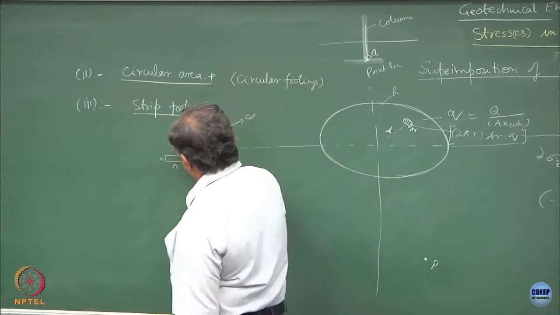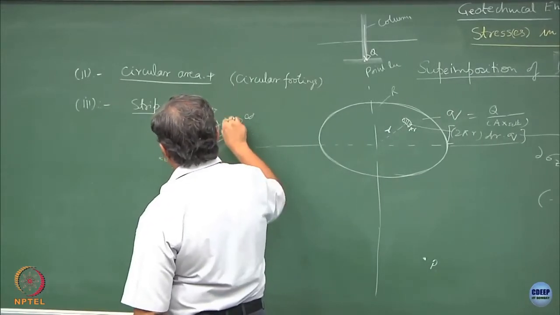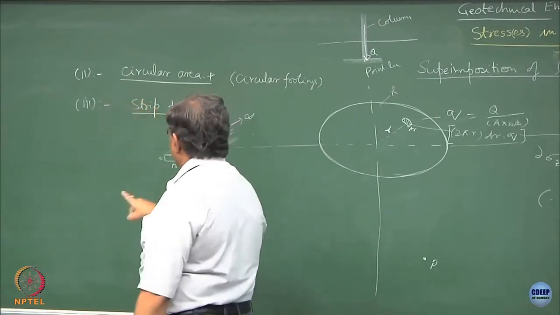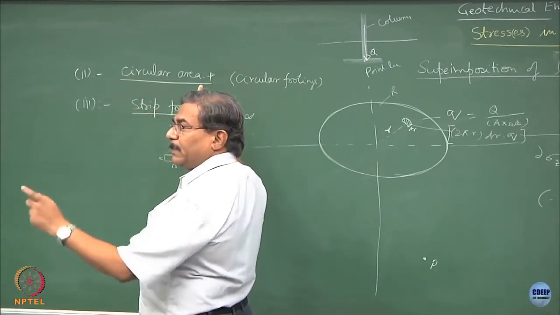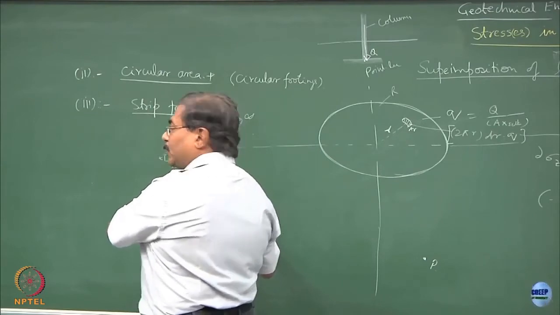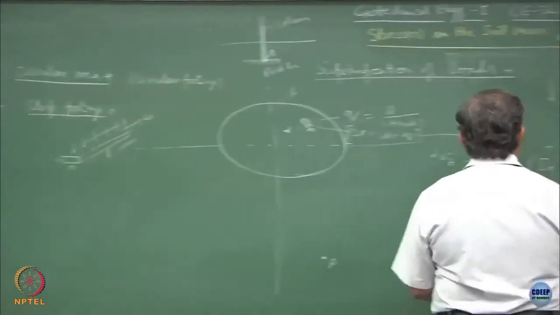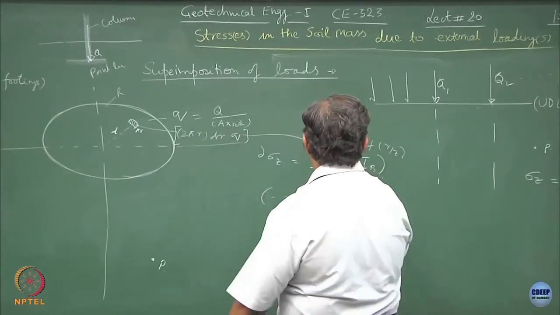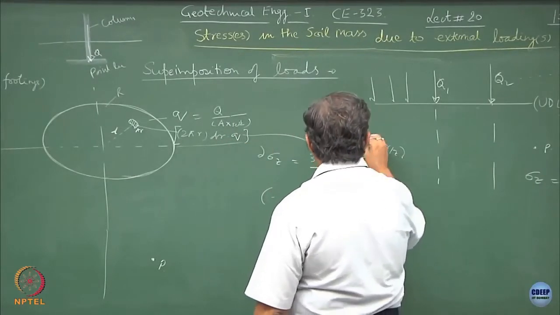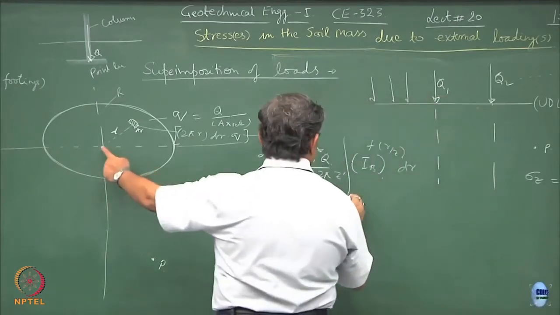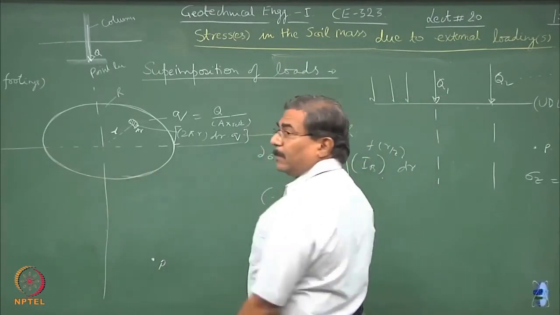Yes, you need not worry. Now this again has become a line load situation, clear. So you can integrate over all intermediate Q values and you can find out the stresses acting at a point. What is going to change is, I hope you will realize, this dr term which is going to come over here, when you integrate it, this is going to be dr. So here r has to be from 0 to r, clear.